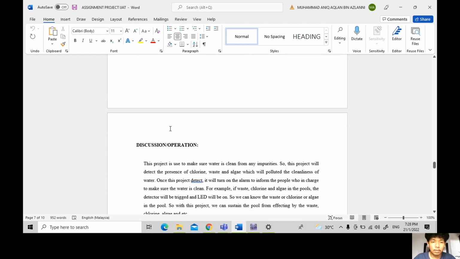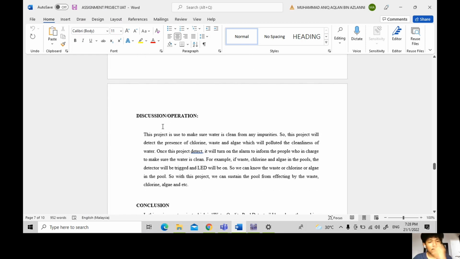The discussion of the OR operation for this project is that it is used to make sure the water is clean from any impurities. So this project will detect the presence of chlorine, waste, and algae which will pollute the cleanliness of water. Once the project detects, it will turn on the alarm to inform the people in charge to make sure the water is clean.